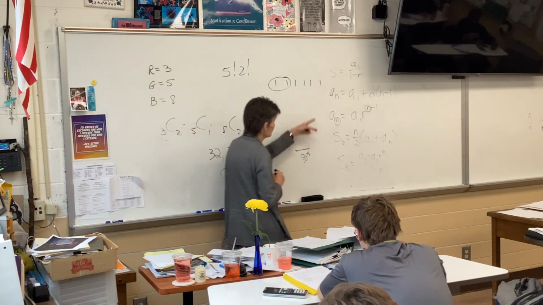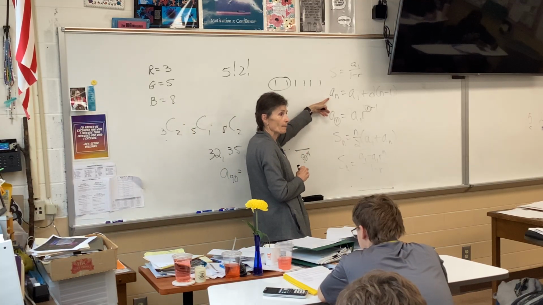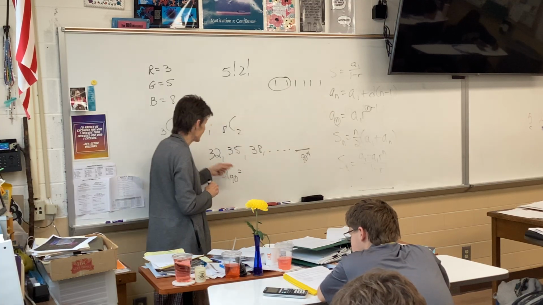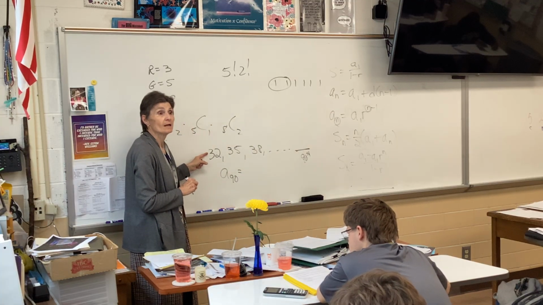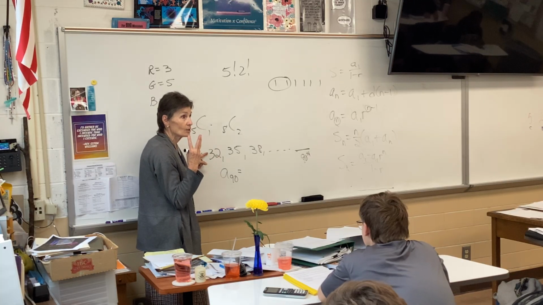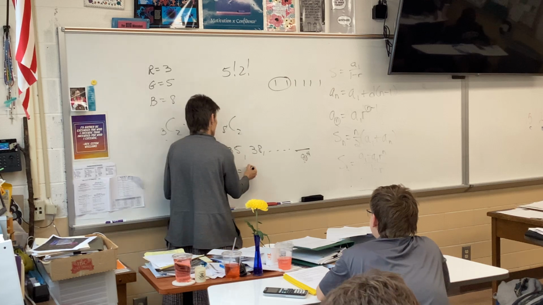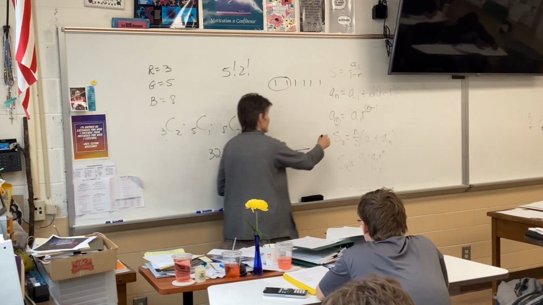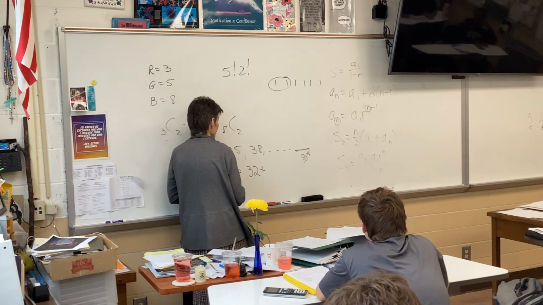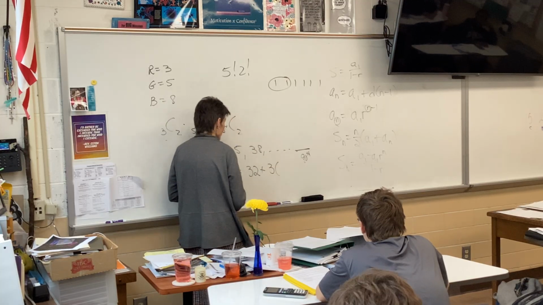Which means I'm going to use one of these right here. Top one, because this sequence is arithmetic with a difference of 3. So my first term is 32, just plugging into this formula right here. My first term is 32. My difference is 3.